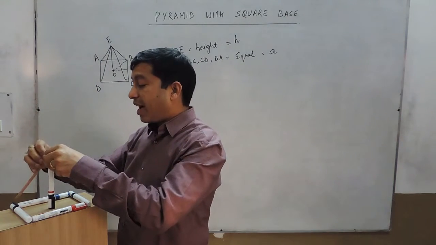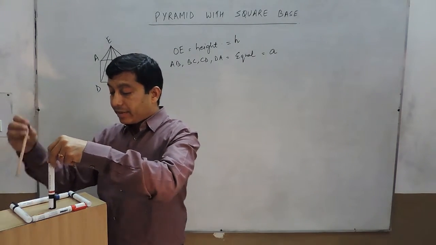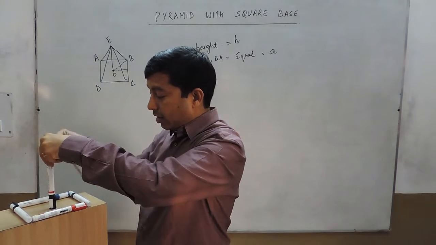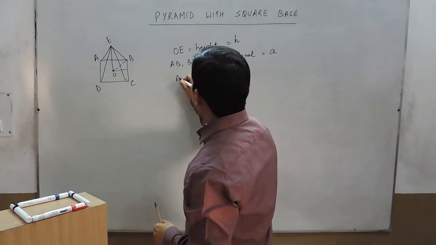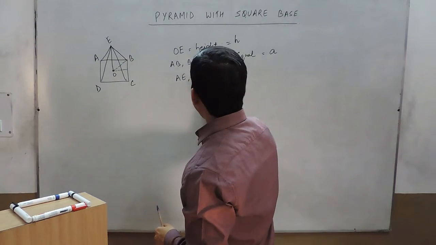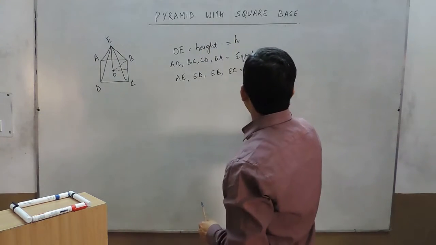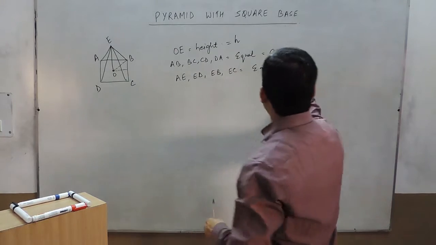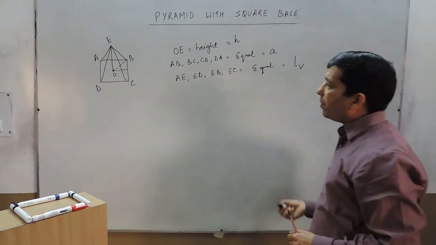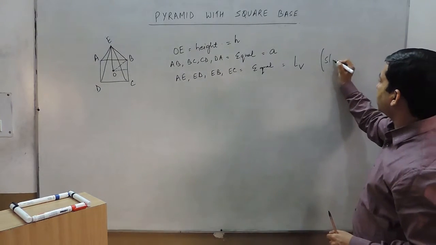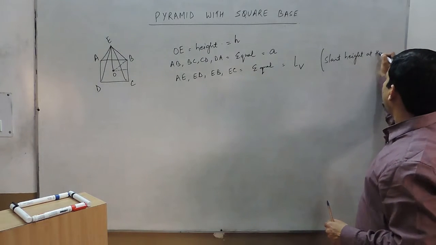It is defined as AE, ED, EC or EB. All the lengths AE, ED, EB and EC are equal and are known as the slant height, which is denoted by LB, meaning slant height at the vertex.